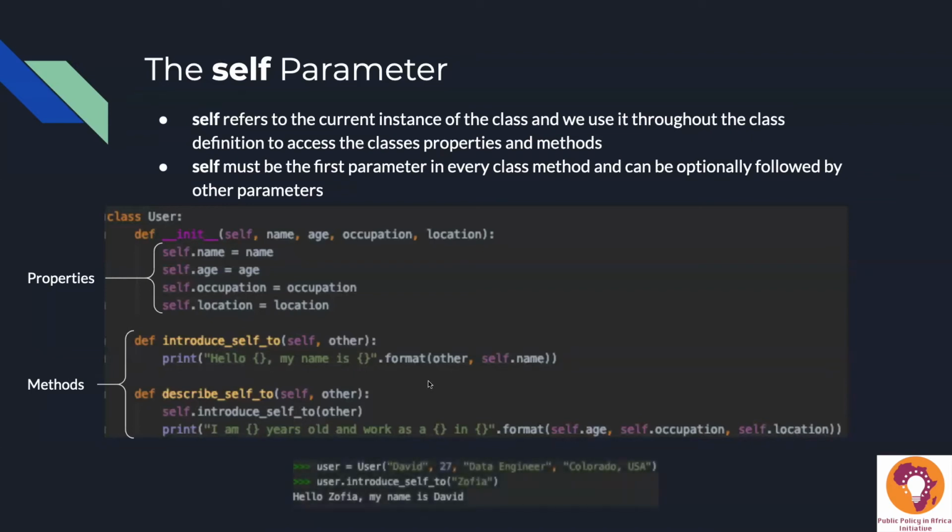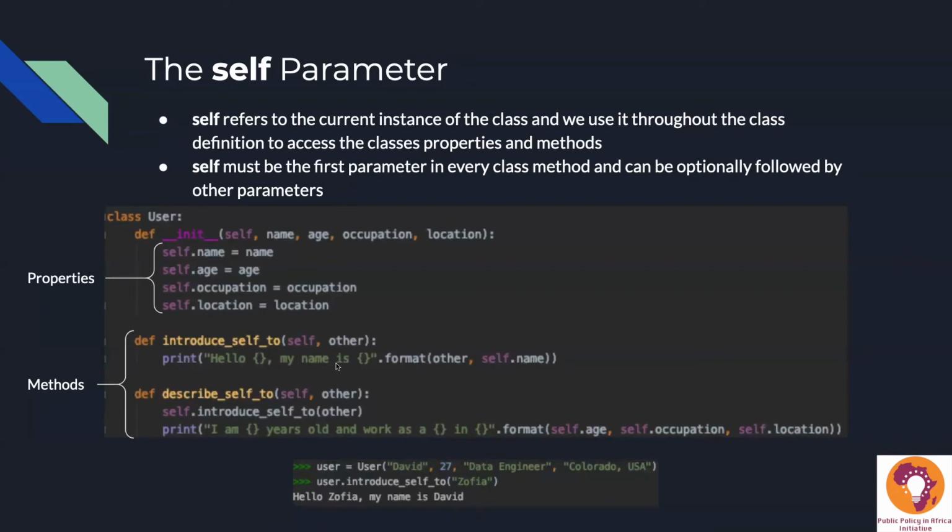Now if I create that same user object that I had created before, with the same parameters passed there: the name is David, the age is 27, data engineer is the occupation, and Colorado, USA is that user object's location. But now I want to introduce my user object to someone else. So I call the introduce self to method on my user object using dot notation.